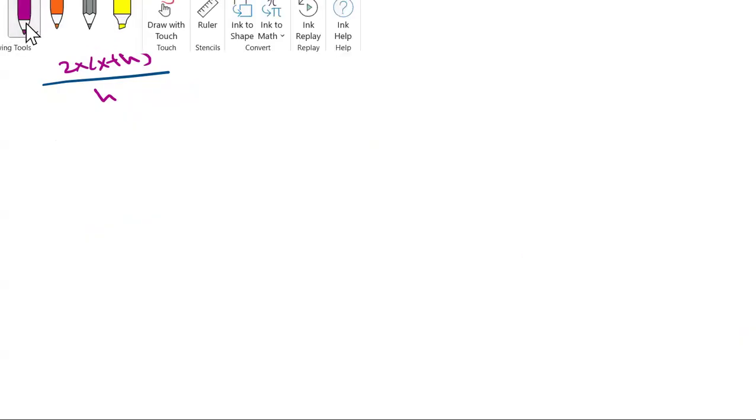Okay. So remember, dividing by h down here is the same thing as h over 1. So I can write this as h over 1, then I can just rewrite this as negative h over 2x times (x plus h), times 1 over h, right?